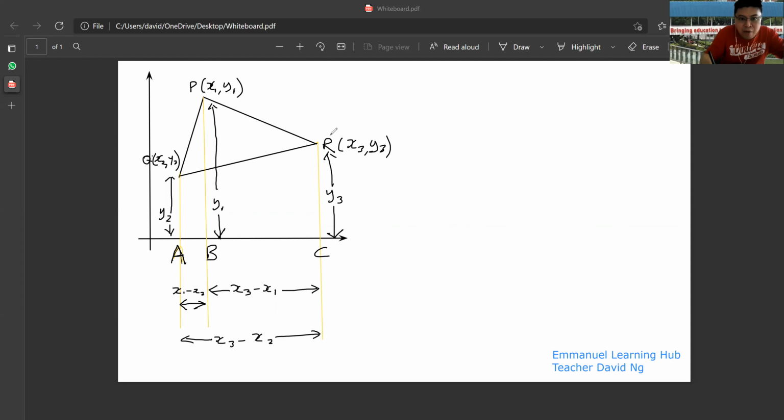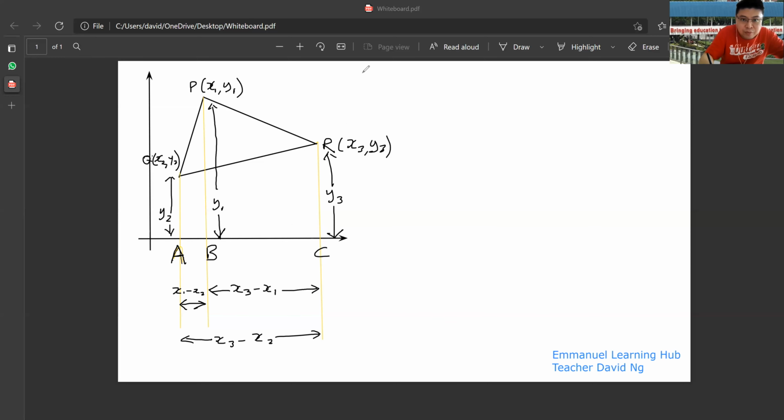To find the area of triangle PQR, it is the area of this big polygon, the quadrilateral PACR, minus the area of this trapezium AQRC. Do you agree?